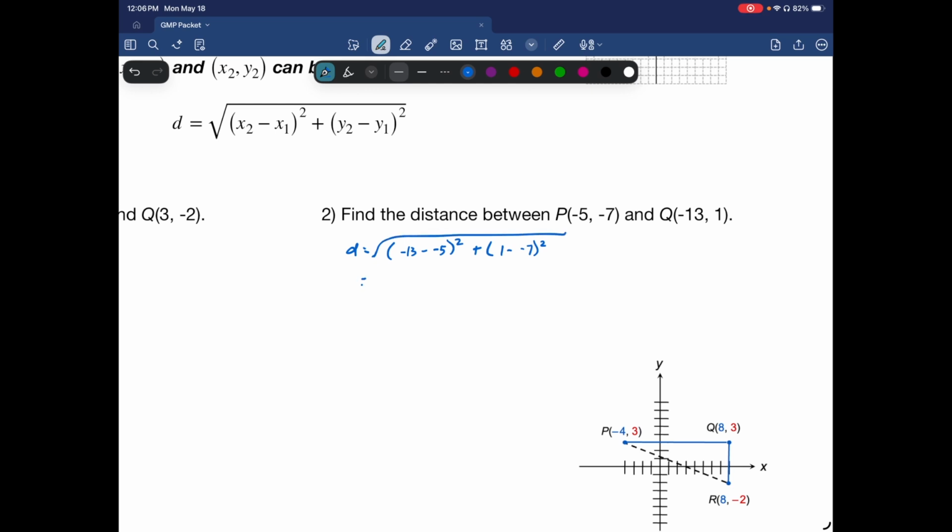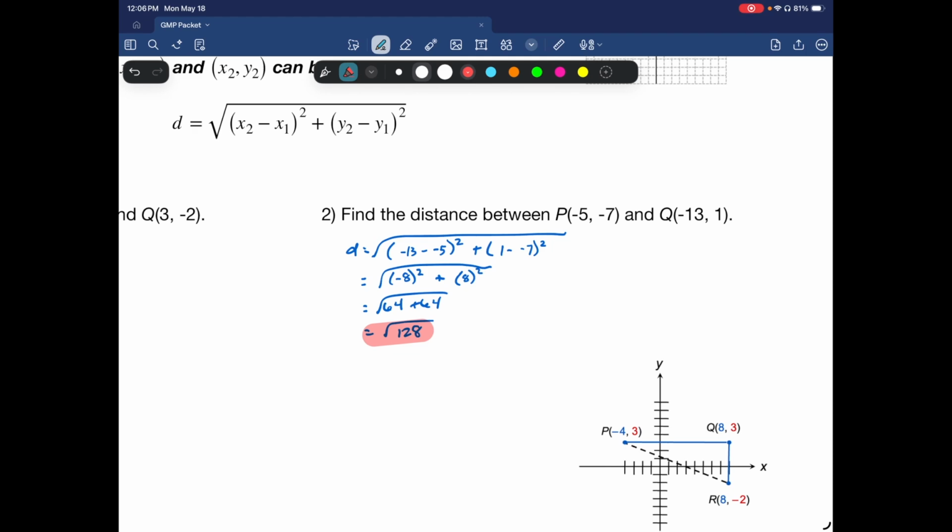Okay, -13 plus 5 is going to give me -8 squared plus 1 minus -7 is going to be +8, so you got 8 squared. All right, so it's going to be 64 plus 64, which is going to be the square root of 128. So that would be the distance between these two. And once again, you can leave it in exact terms, or you can get a decimal depending on what Pearson asks from you.